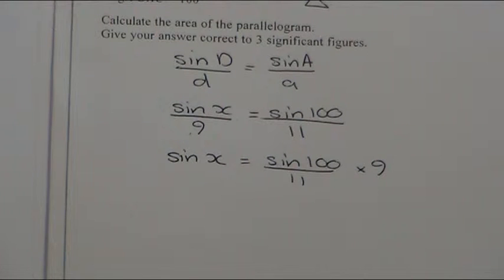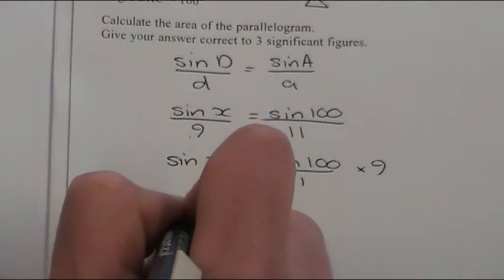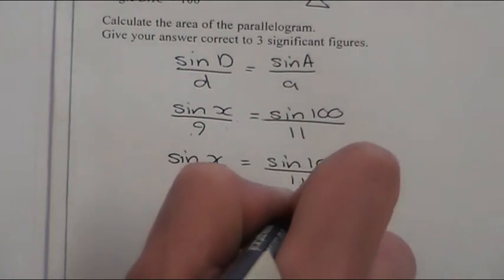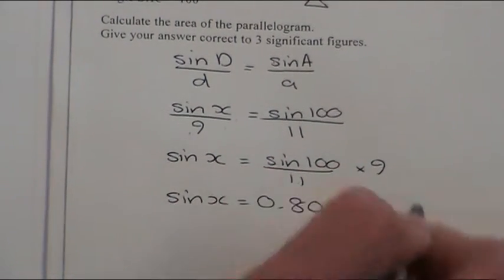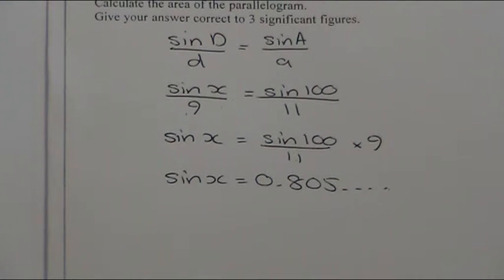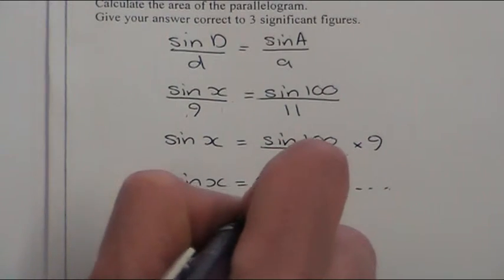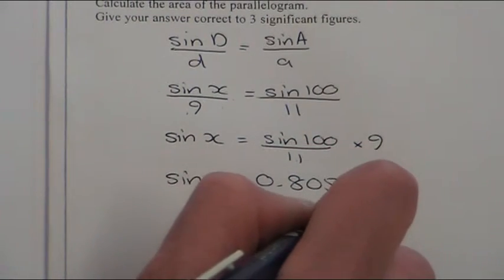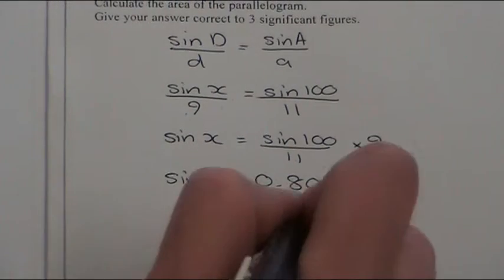And then I'm going to times all of that by 9. So I get sine of X to be 0.805, and it goes on and on and on. To find X, inverse of sine, so shift sine of my answer. So I know X there is 53.68 blah blah blah degrees.